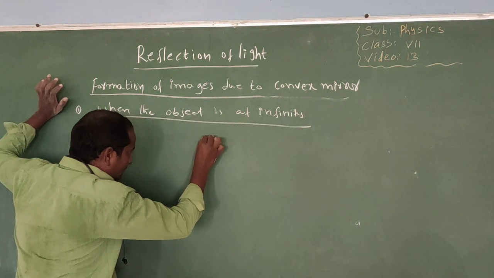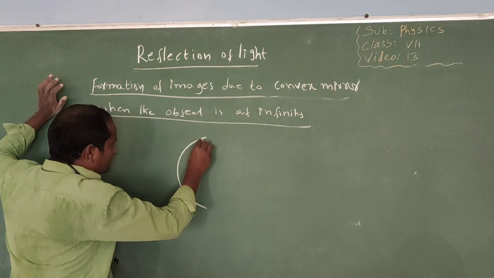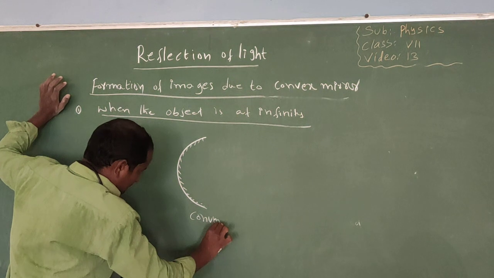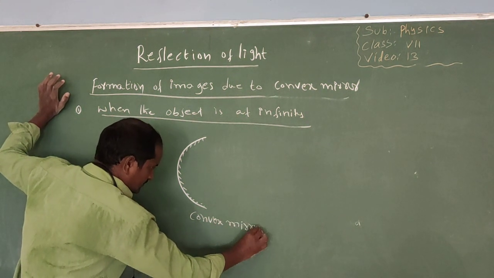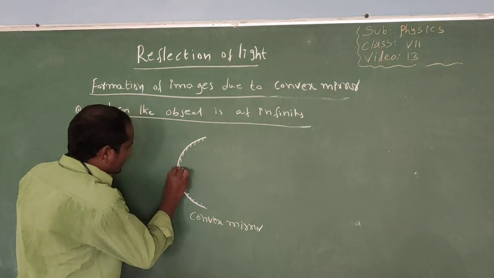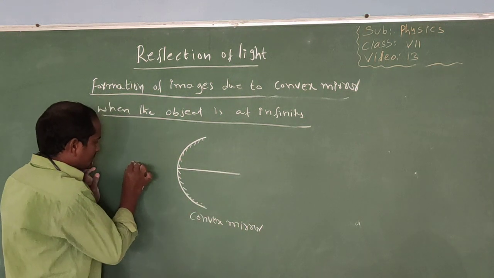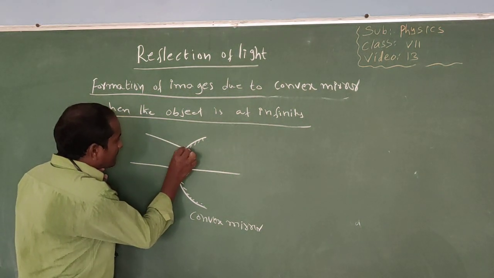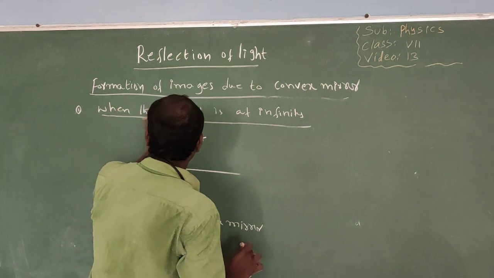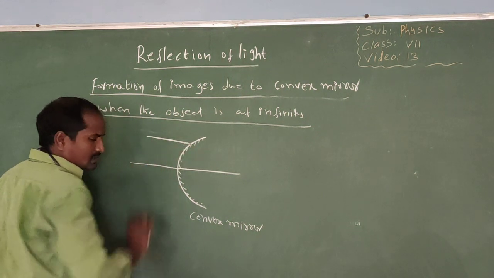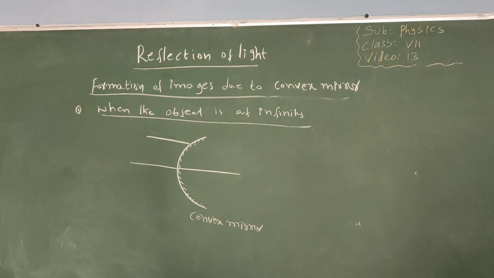Let us consider a convex mirror. The object is at infinity.